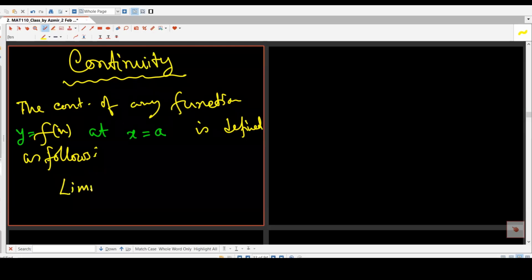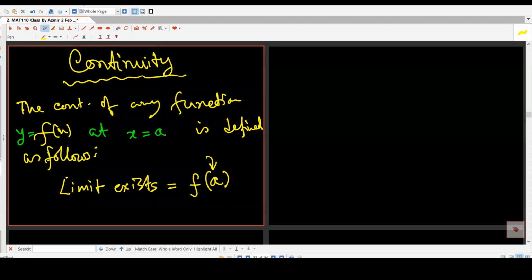If the limit exists and it is the same as the functional value at a. So the continuity of any function f of x at x equals a is defined this way. The limit must exist, and this should be equal to the functional value f of a.